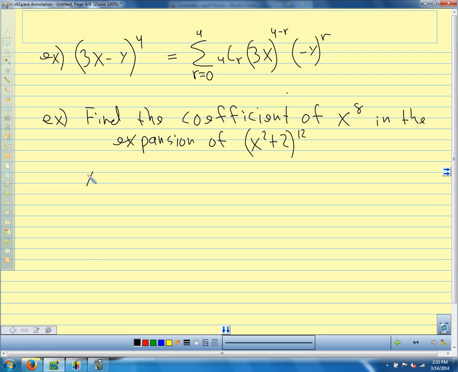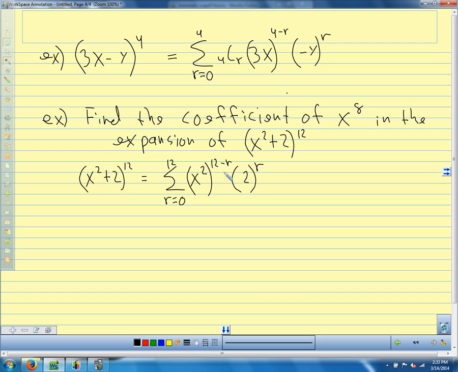So I'm going to say that (x squared plus 2) to the 12th power equals the sum, r equals 0 to 12, of (x squared) to the 12 minus r times 2 to the r. And we want the coefficient on x to the 8th.